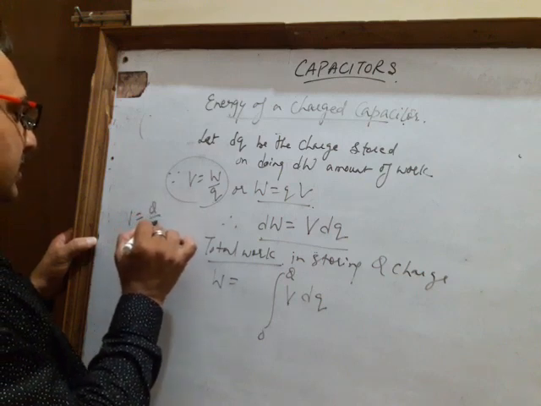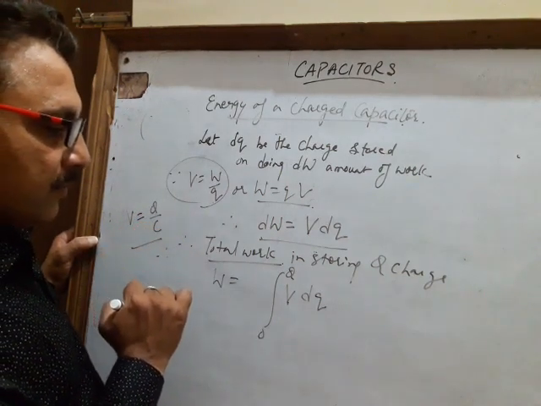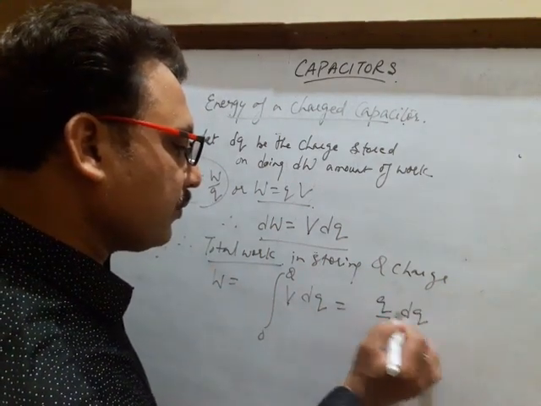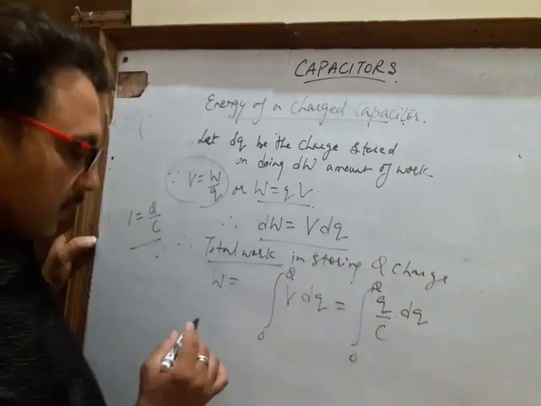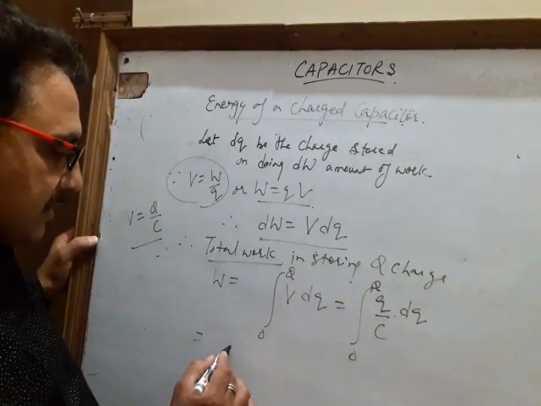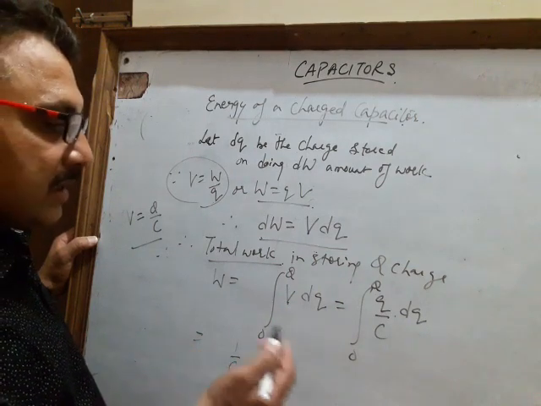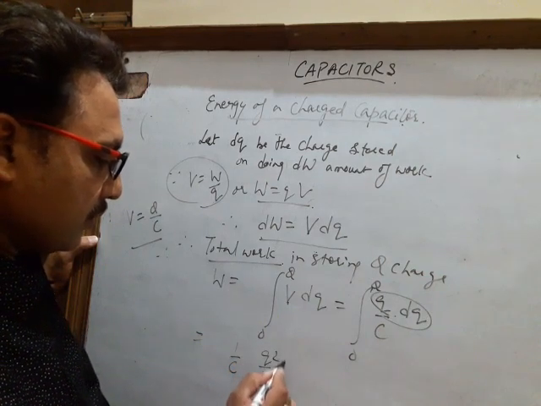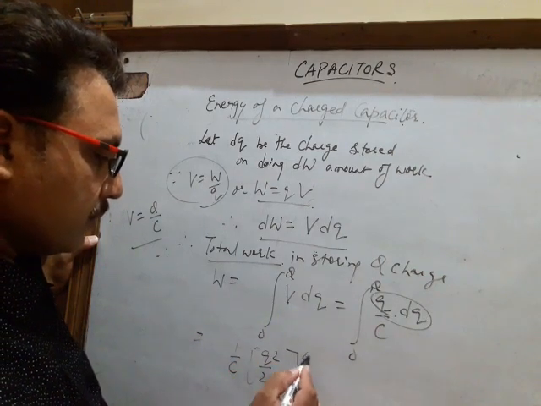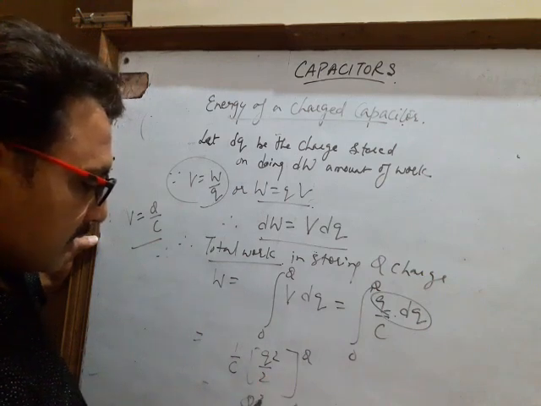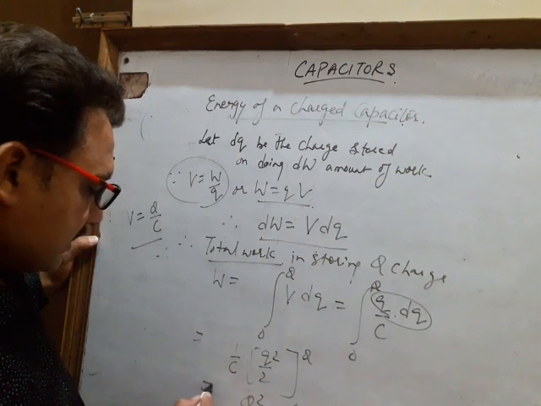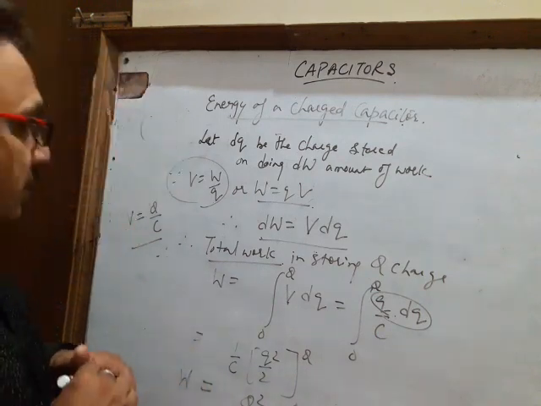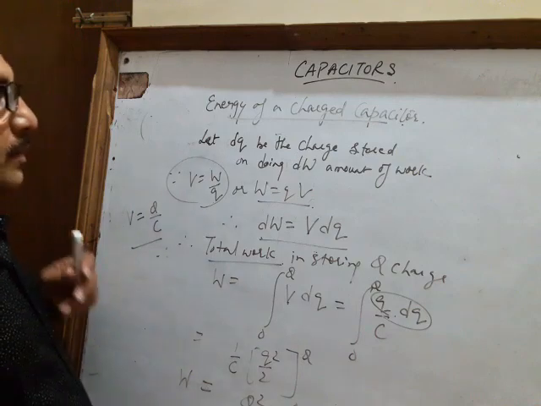That is q upon C. So you can write this as q upon C dq. So 1 upon C is constant, take it out. What is the integration of q dq? This is q square upon 2. Or you can say q square upon 2C is the work done.